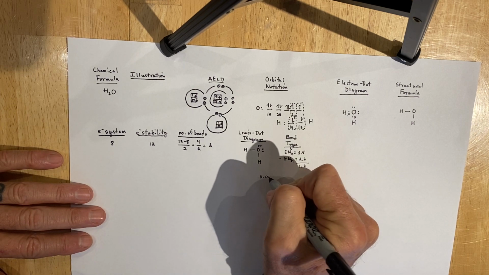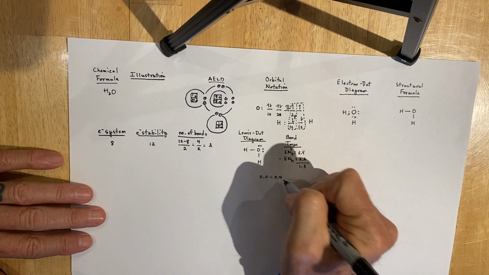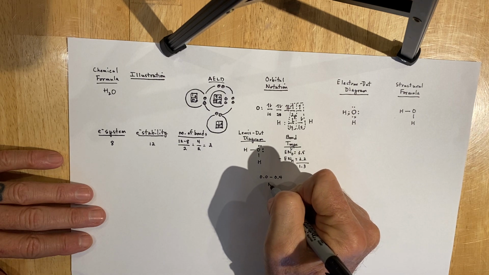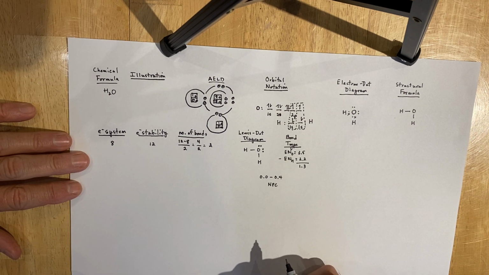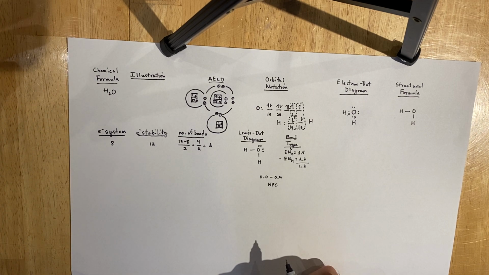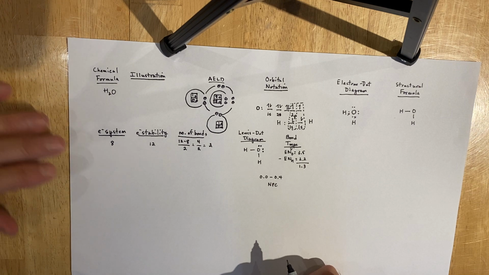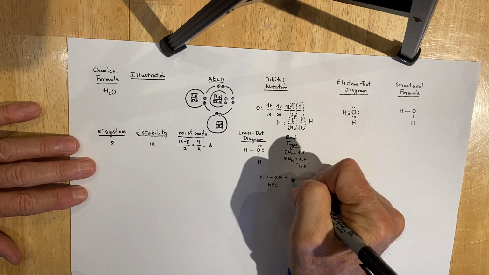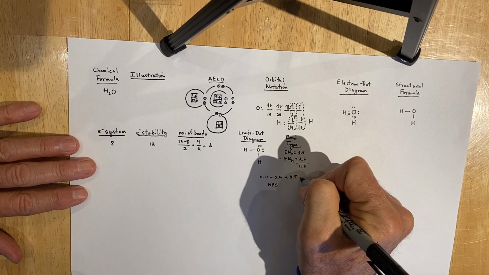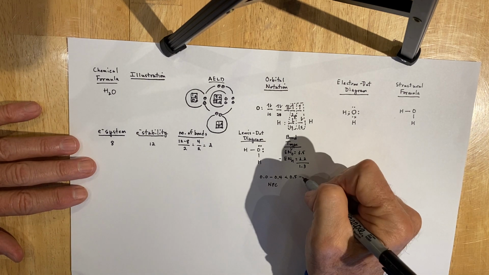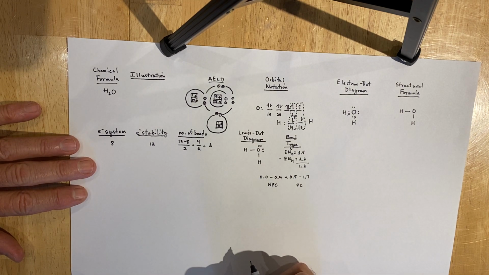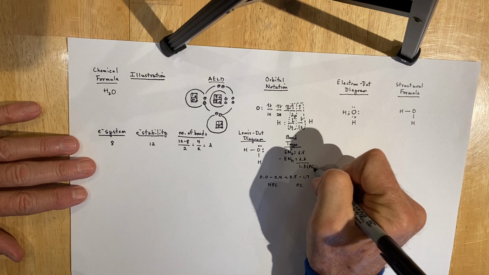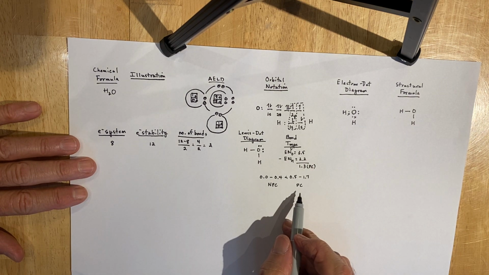Again, if you remember back to our sliding scale, between 0.0 and 0.4 a bond is classified as being nonpolar covalent, meaning that the atoms have similar electronegativities and therefore the electrons are shared equally between the two atoms. If the bond is between an electronegativity difference of 1.5 to 1.7, we say that the bond is polar covalent, meaning that there is a separation of charge that exists between the atoms in the bond.